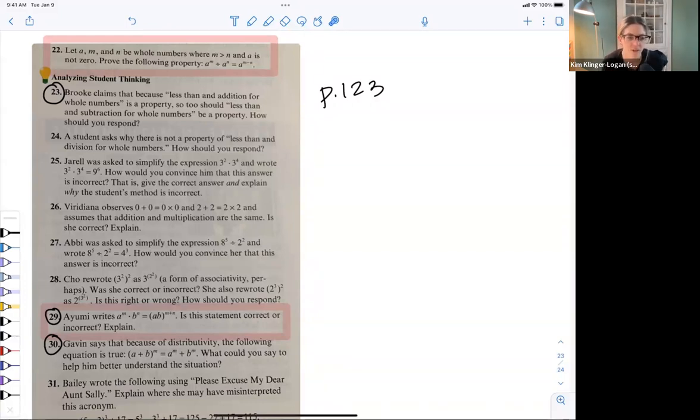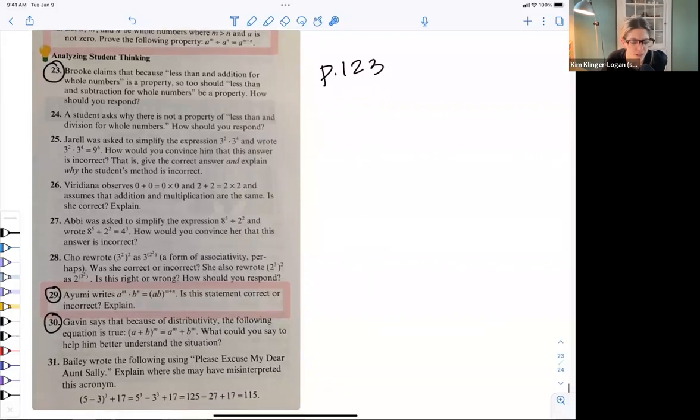So you'll compare this rule to our list and you'll probably notice it's not a rule on our list. But you want to go a step further and ask yourself, is it a true statement? Why or why not? Okay, so is it correct or is it incorrect? It could be not a rule on our list and it could still be a totally correct thing. But it also might not be.